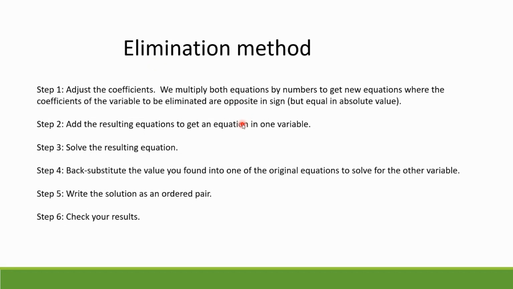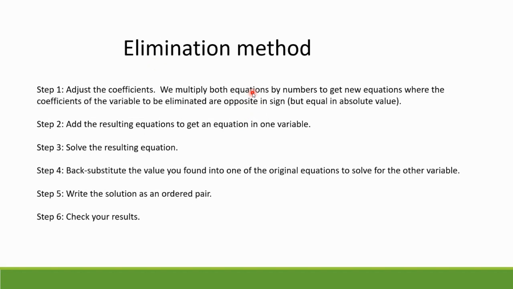And you can eliminate x, or you can eliminate y, of course. What will happen is you will get an equation in one variable. Just like with substitution, we essentially got one equation in one variable only, and that's what we're going to do here as well.